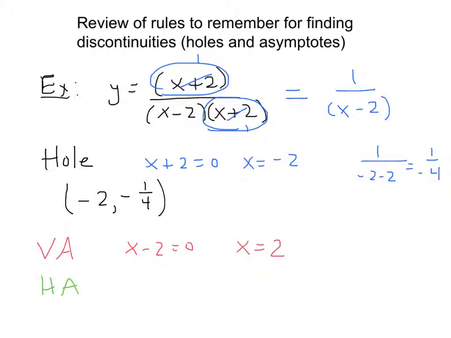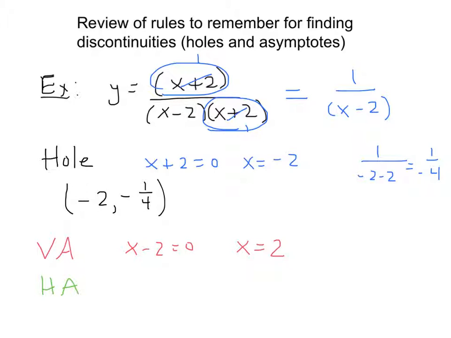If the degree of the numerator and the degree of the denominator have the same value, like x squared over x squared minus 3, you look at the coefficient in front of those two same degree exponents and take that fraction as your horizontal asymptote. If the degree of the function in the numerator, the power, is higher than the denominator, you're not going to have a horizontal asymptote. You'll have what's known as a slant asymptote.